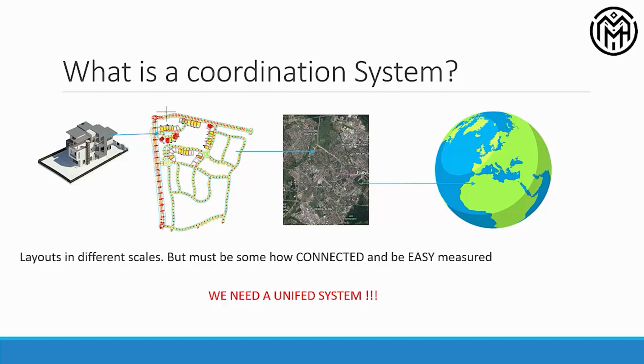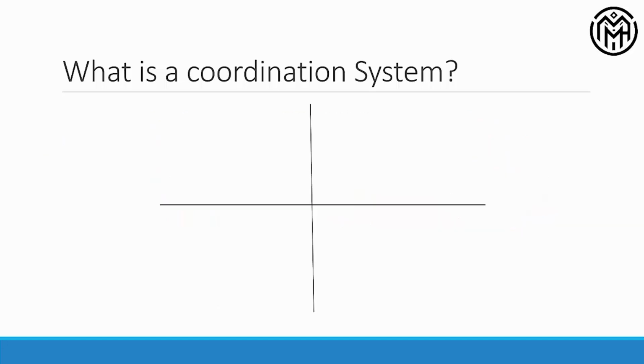We all studied this in our primary school, the 2D Cartesian network, or what's called the XY axes. We have a horizontal axis, we call it the x-axis, and the vertical, we call it the y-axis.